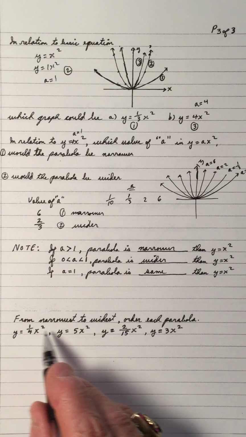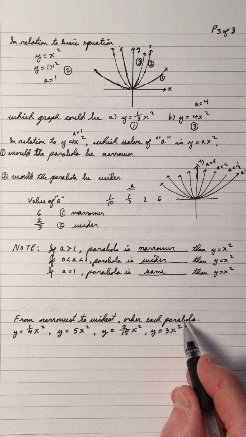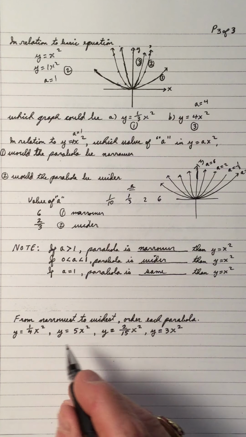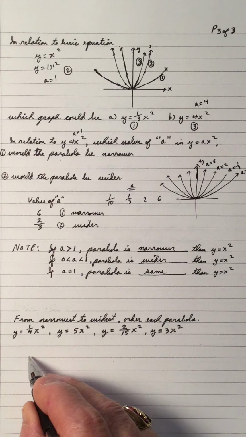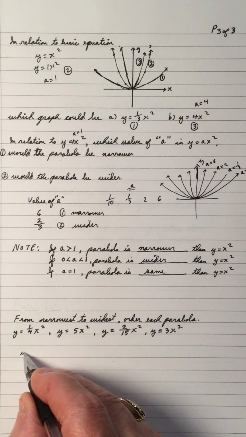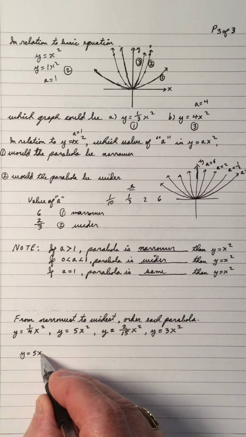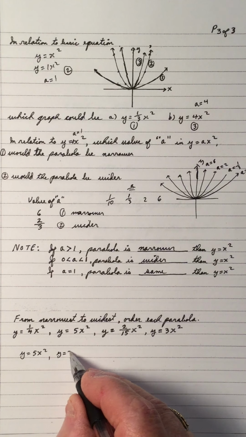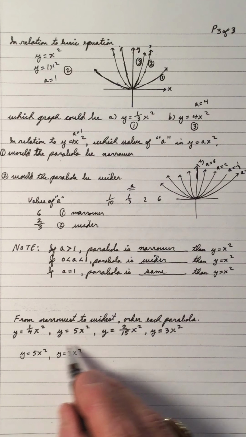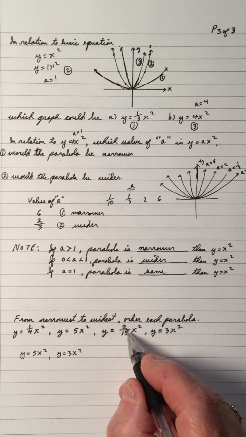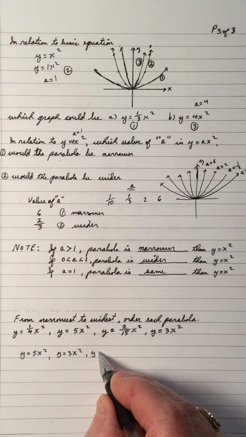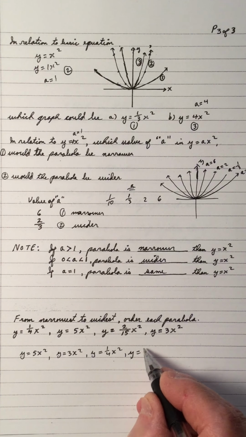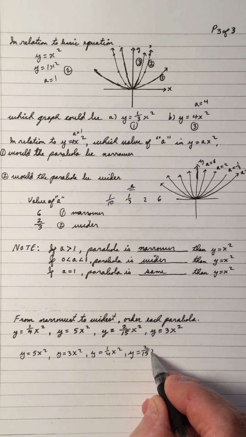Okay, from the narrowest to the widest, order each parabola. From the narrowest parabola to the widest parabola. The narrowest parabola has the biggest number. So the largest number here is y equals 5x squared, A is 5. The next one is y equals 3x squared. And the next one, 1/4 and 2/15. 1/4 is next. And the smallest number is 2/15.